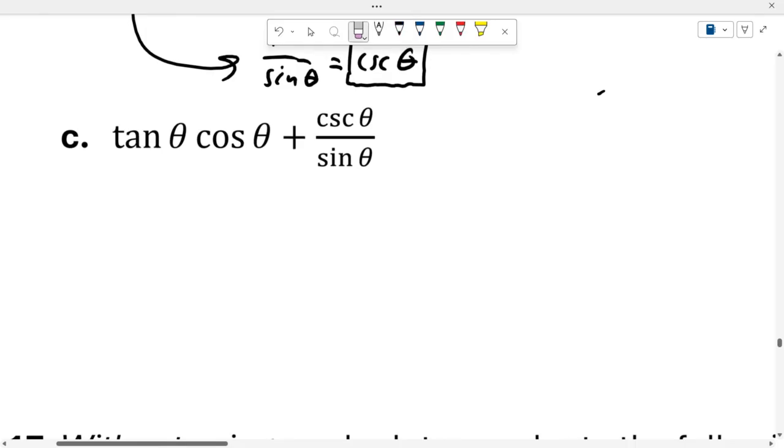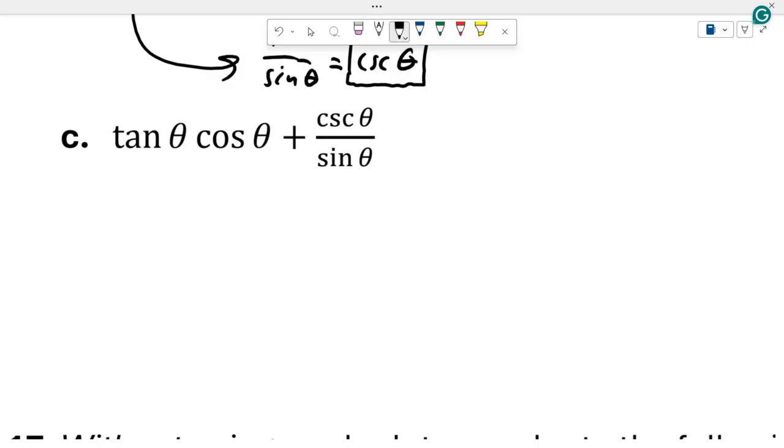Okay. Question C. We've got an expression here: tangent of theta times cosine of theta plus cosecant of theta over sine of theta. If you're simplifying an expression that involves a whole bunch of trig functions, there are various strategies you can try to make some progress.